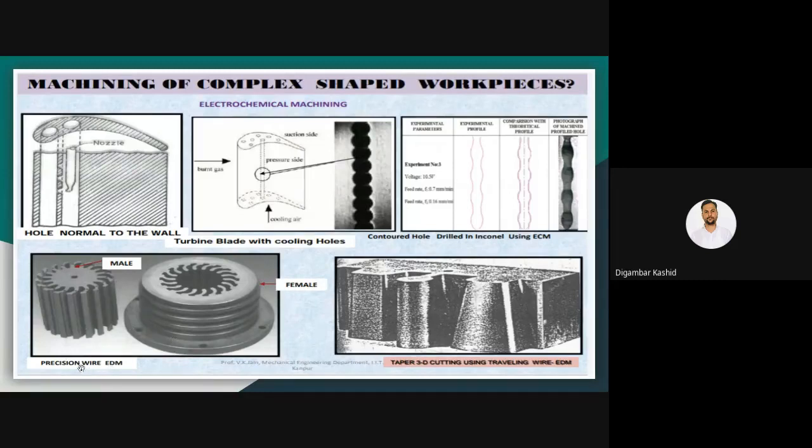Then here you can take precise wire cutting. I have one video about this internal gearing and this external one, where I have shown the male and female. These components can be produced using precise wire cut EDM. Then here you can see taper 3D cutting, so you can obtain this shape using wire cutting also.